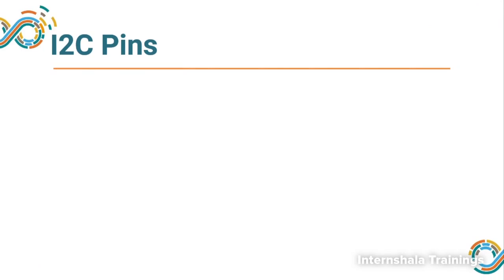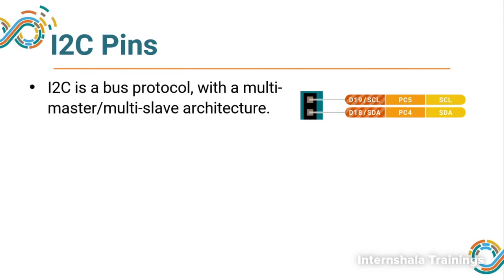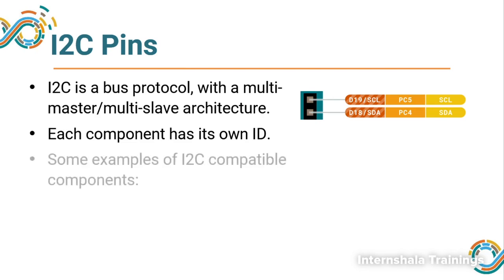Next we have I2C pins. For I2C, there are 2 pins. They are on top of the board above the digital pins. Each component has its own ID when connected through I2C. These components act like a master and slave, so one component is going to control the operation of the other component.